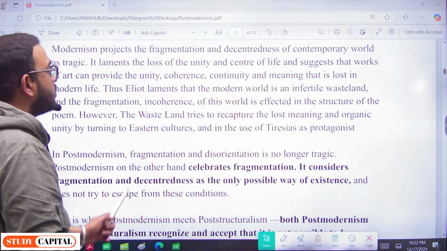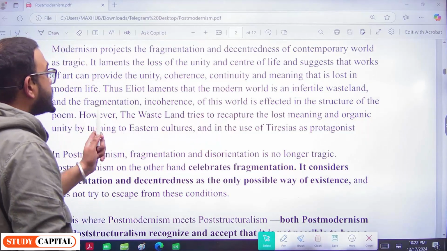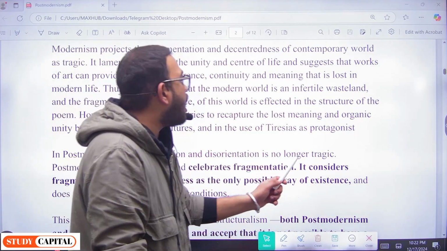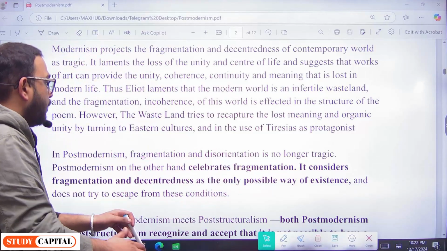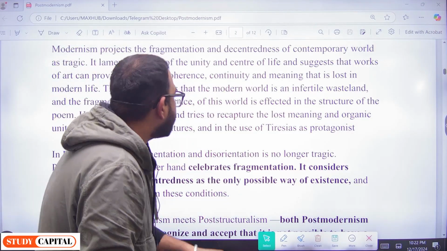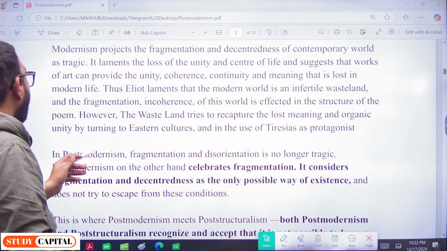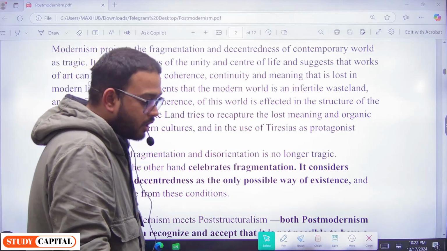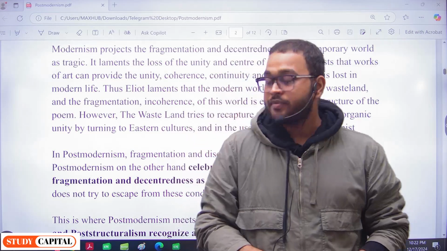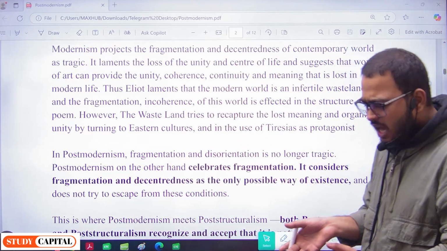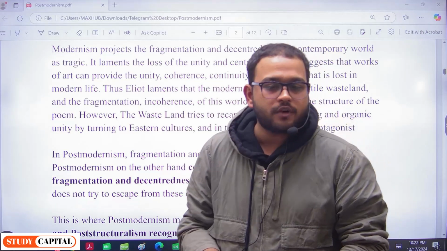Now he talks about the infertile wasteland. He talks about the fragmentation. He talks about the incoherence of this world and how it affects the structure of the poem. But you also see that he is trying to recapture the lost meaning, trying to recapture the organic unity by doing what? He's looking towards the Eastern culture. He's using Tiresias as a protagonist, and that's how you find that he's still looking for a solution.